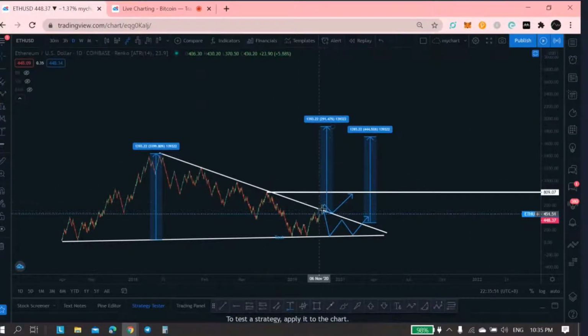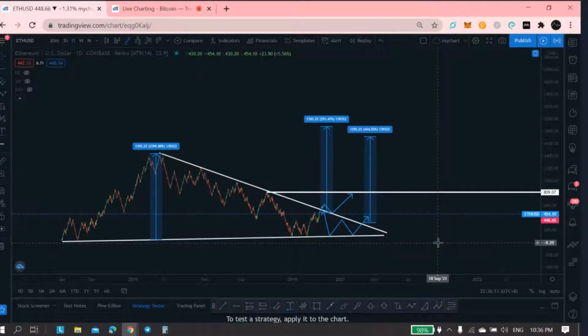So let's see how it goes for Ethereum. And of course, the worst case is this area to trade and retest this previous low, that's around 145. That's the worst case.